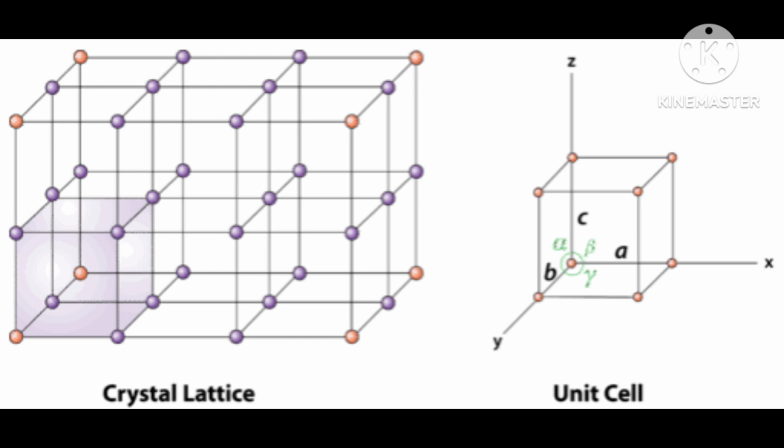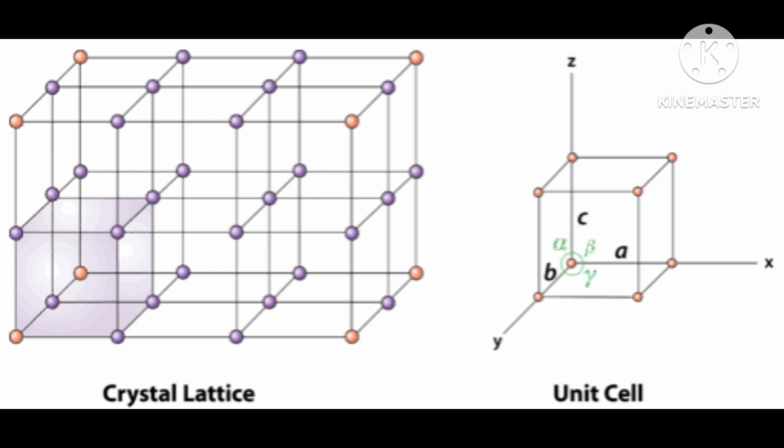Two characteristics are there. First, the dimensions along the three edges a, b and c: small a, small b and small c.